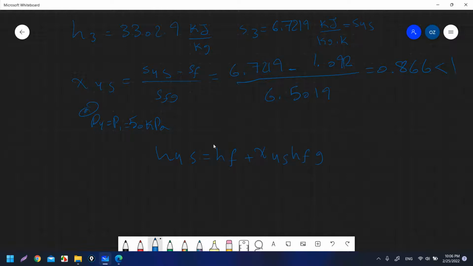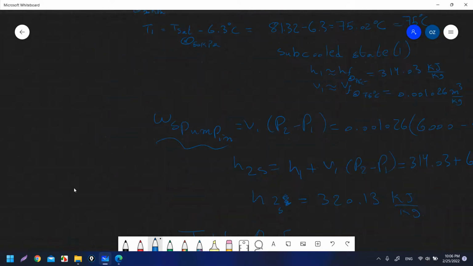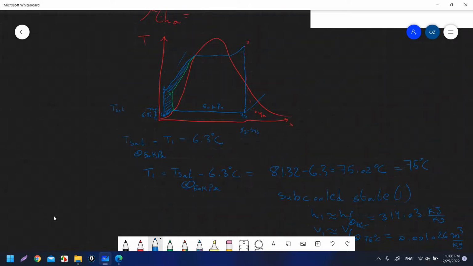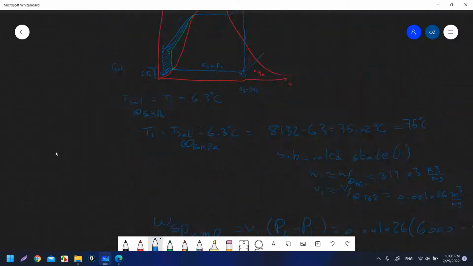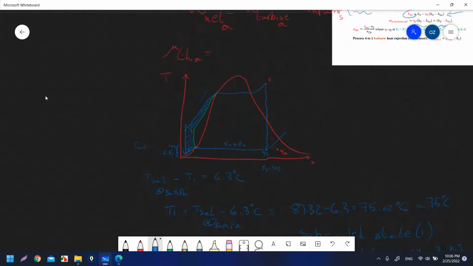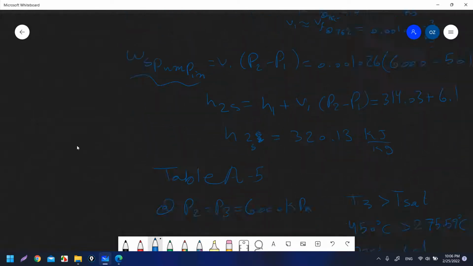HF will not equal H1 as usual, and we want to check if our solution is right or not, because H1 was subcooled. The HF that you are finding now is at this point, but H1 is here, so there is a difference.